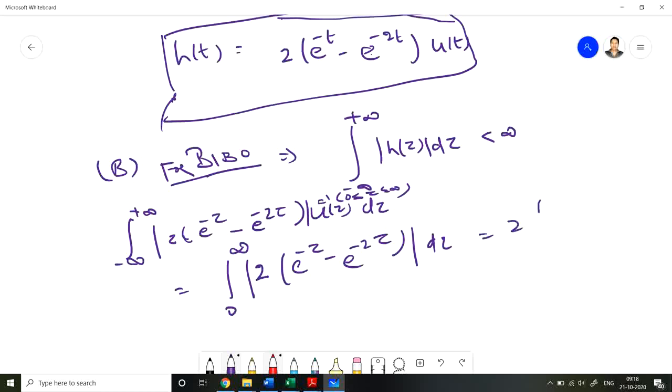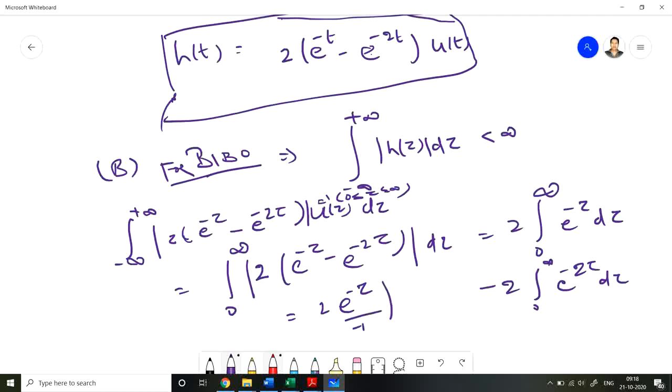It equals twice the integral from 0 to infinity of e raised to the power minus tau d tau, minus the integral from 0 to infinity of e raised to the power minus 2 tau d tau. That equals 2 e raised to the power minus tau divided by minus 1, from 0 to infinity, minus e raised to the power minus 2 tau divided by minus 2, from 0 to infinity. So finally we will get some bounded value.